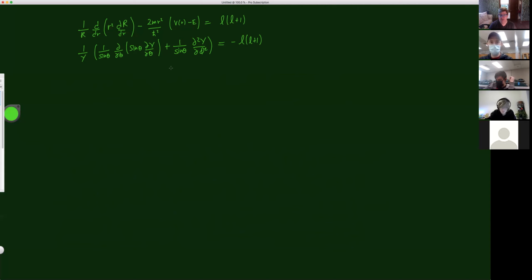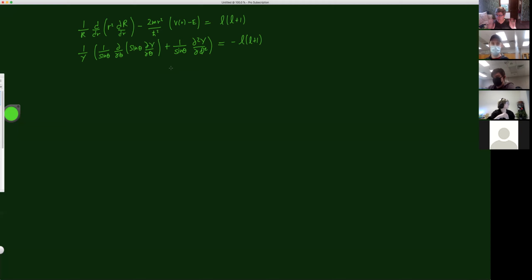So the Y equation does not depend at all on the particular system that you're studying. Except that we couldn't make this separable solution if V itself wasn't only dependent on r. If V was dependent on theta and phi, then we couldn't have done this at all. So you can just throw that out the window.